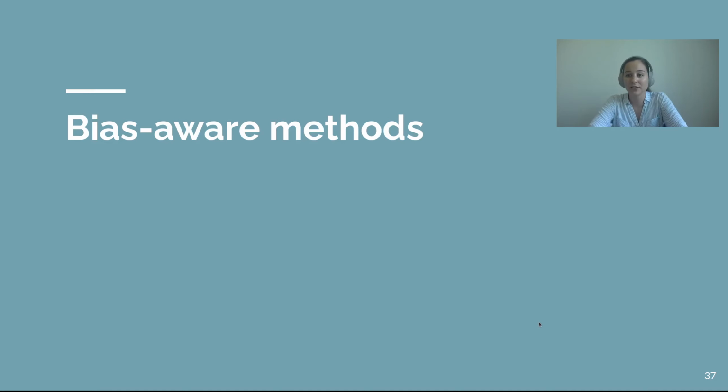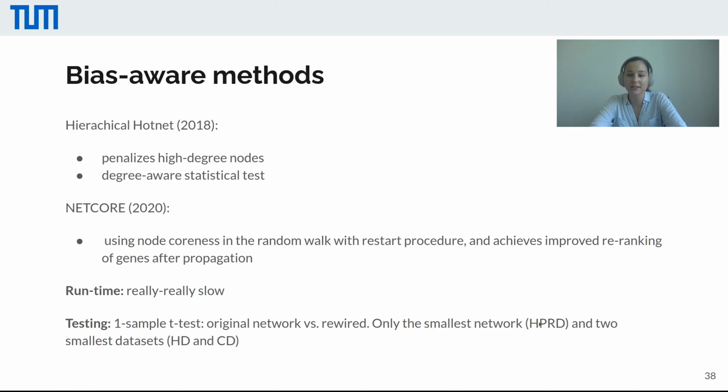We also tested so-called bias-aware methods, so Hierarchical HotNet and NetCore, but both of them were way too slow to include in our main testing framework, and therefore we only ran them on the original versus rewired network and only for the smallest gene expression dataset.